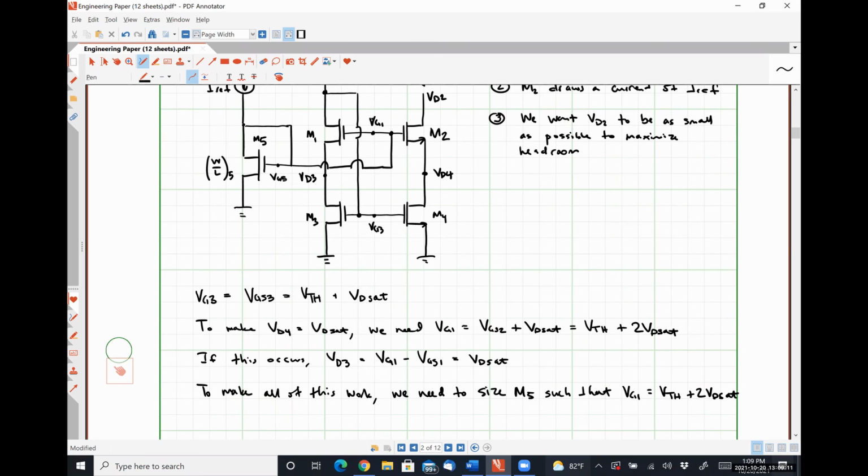But obviously, VGS for transistor 5 and VGS for transistor 1 can't be the same thing, because VG1 needs to be at a higher potential to keep everything else biased at the edge of saturation. That's why we have to resize this guy, okay?